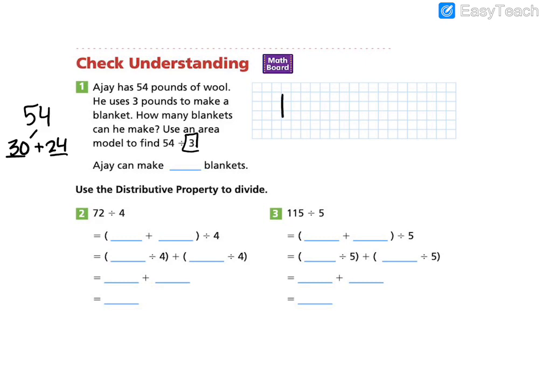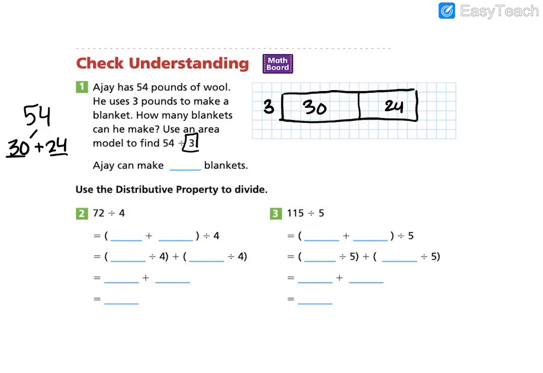All right, so I'm going to draw my area model. I know that 3 is my divisor. I'm going to divide this into equal rows of 3. And my 2 dividends are 30 and 24. Now, I'm not going to use my grid here because I don't know it yet.